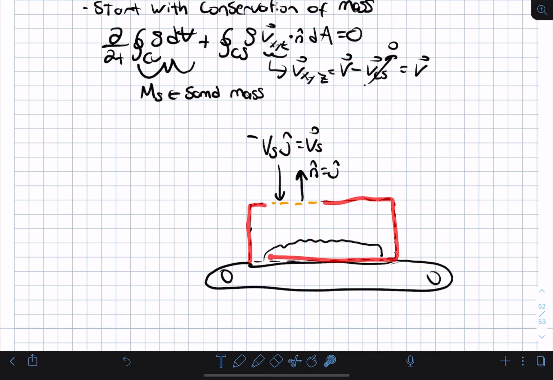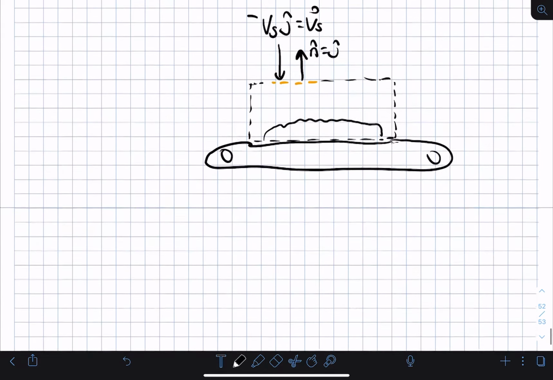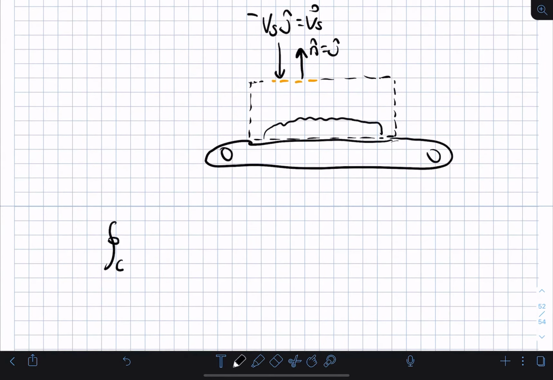Okay, and so now we got our control volume. We have all of the relevant velocities labeled. And so now we just need to form this integral right here. The integral over the control surface of rho v dot n hat dA equals the integral over this piece here, I'll call this piece 1, I'll call these pieces here 2, and I'll call that piece here 3 at the bottom.